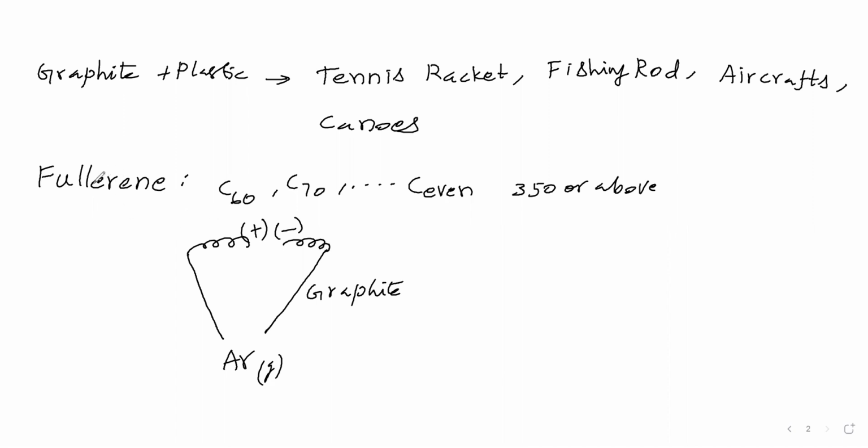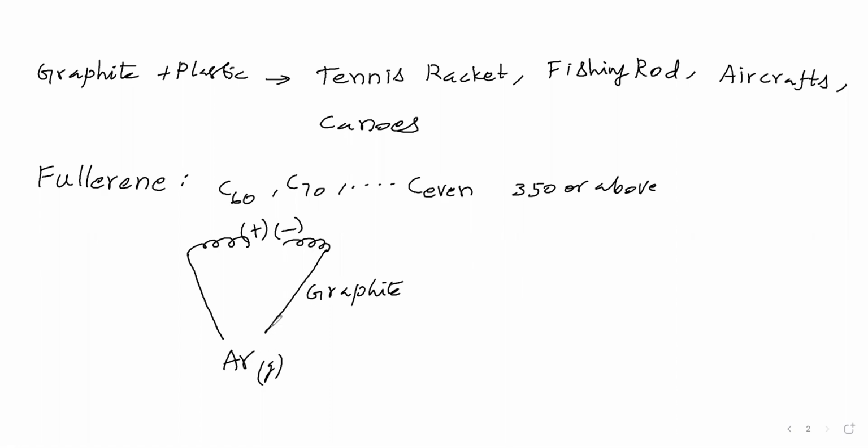So we are getting fullerenes from graphite. Graphite rods are in contact with argon gas because argon gas is inert.